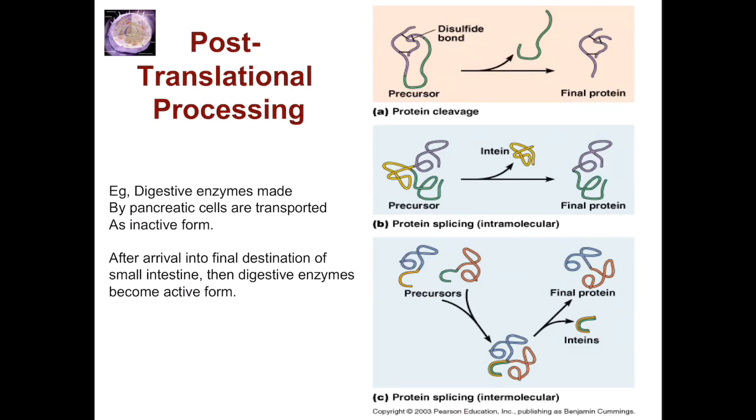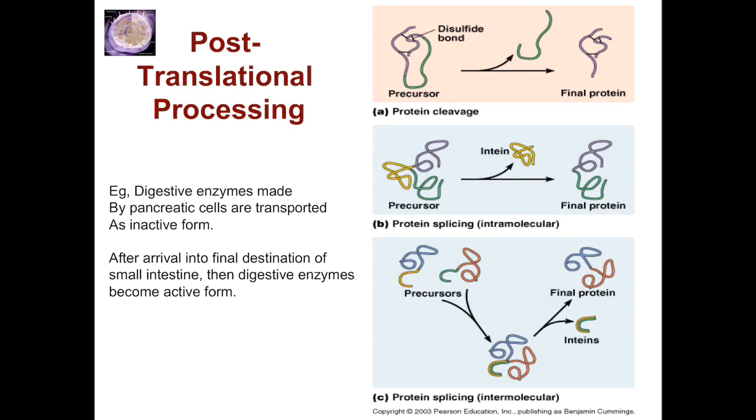So what happens quite often is the proteins are actually made too big, and they might have an extra piece. So let's look at the section on A or B. You can see that the protein that was first made is too big, and then when it's sent to the final destination, there's a piece that's removed, and then you have the final protein.